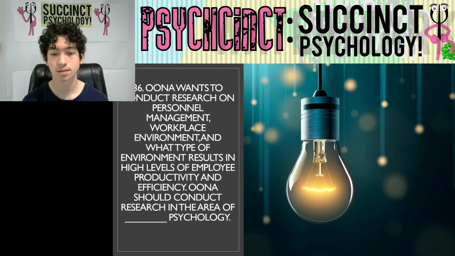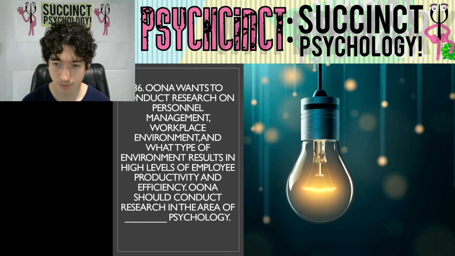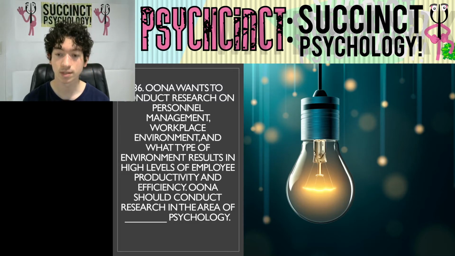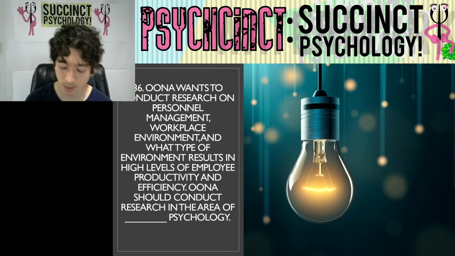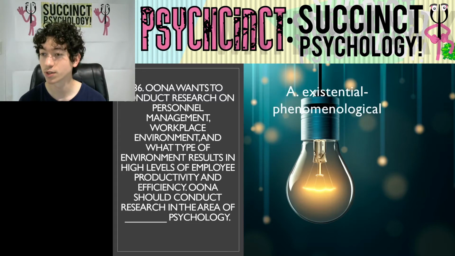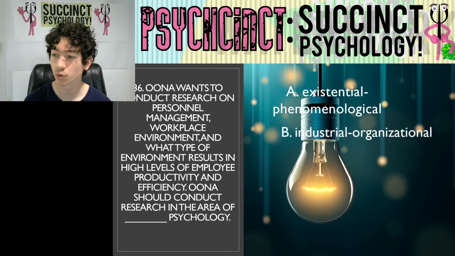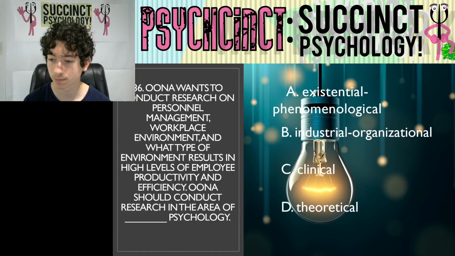Question 36. Una wants to conduct research on personnel management, workplace environment, and what type of environment results in high levels of employee productivity and efficiency. Una should conduct research in the area of what type of psychology? Is it the existential phenomenological psychology, industrial organizational, clinical, or theoretical?